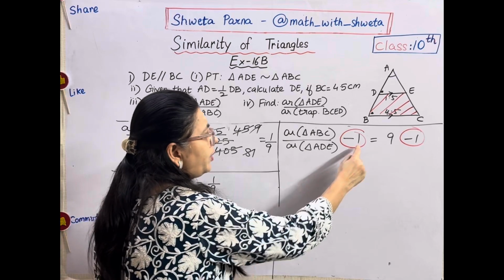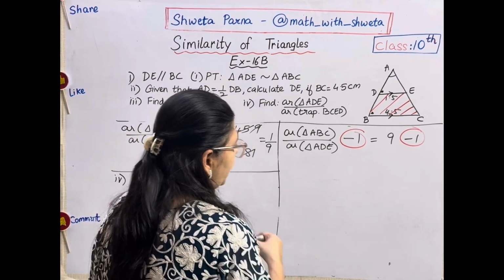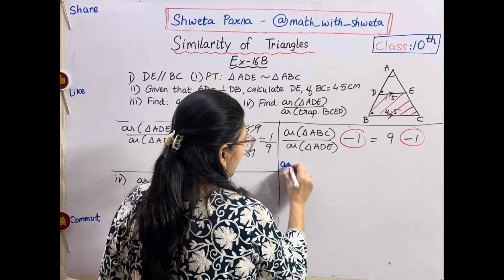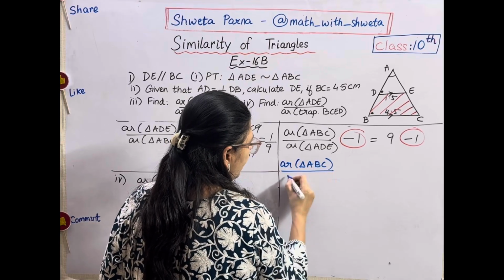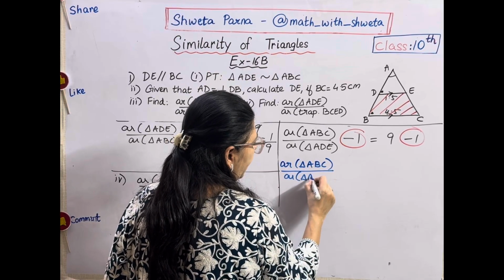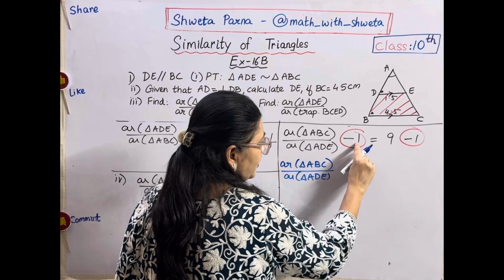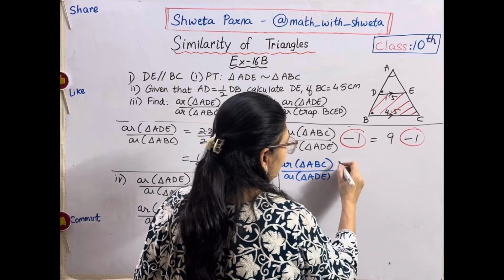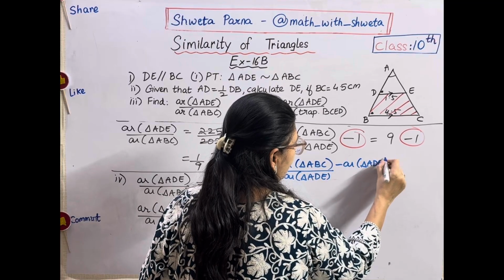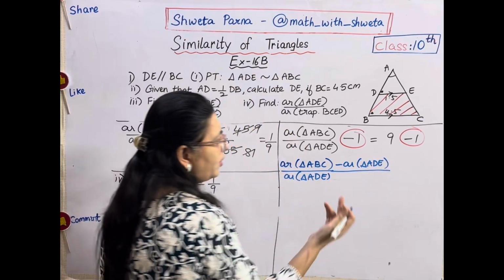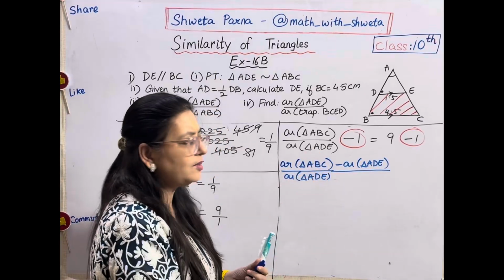Now you take the LCM over here. When you take the LCM, what you will get? Area of triangle ABC upon area of triangle ADE, this is minus 1, so you will multiply with this, minus area of triangle ADE the whole upon area of triangle ADE, because both LCM is this.